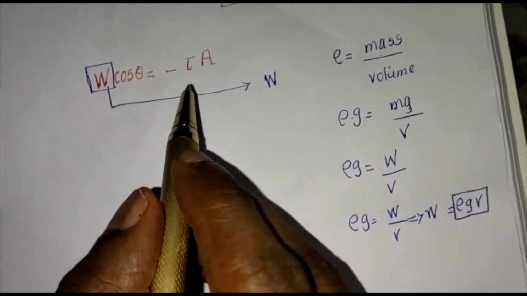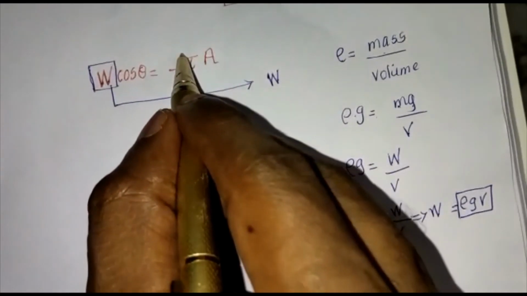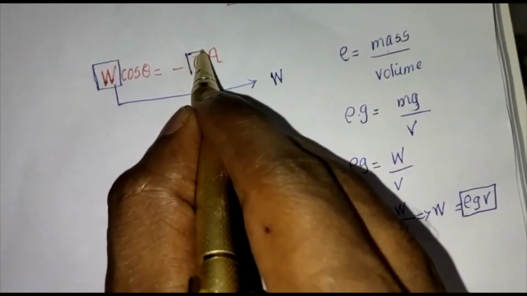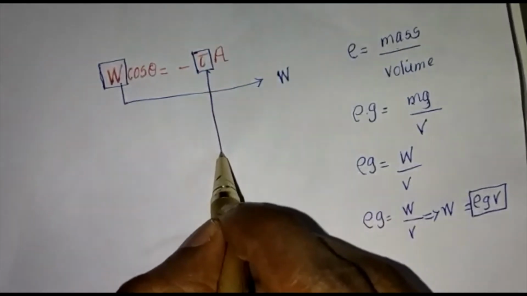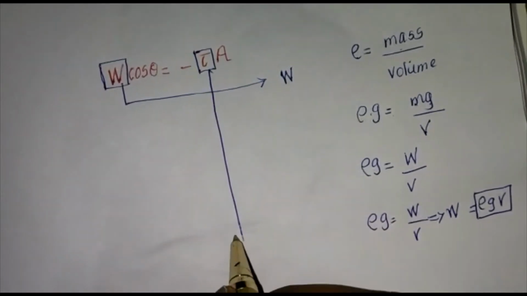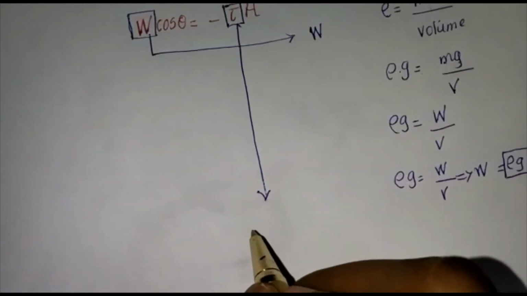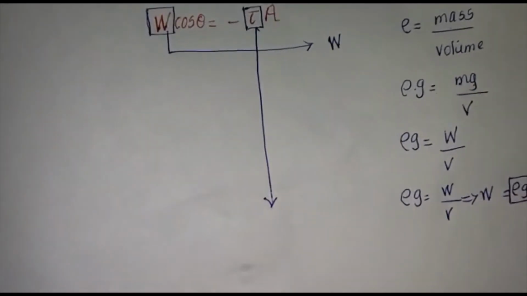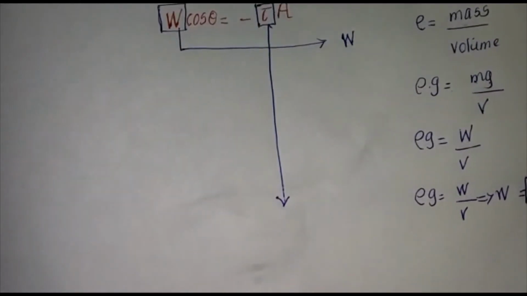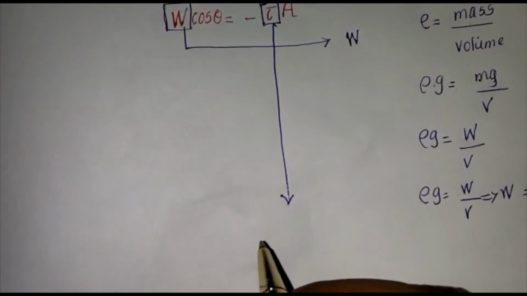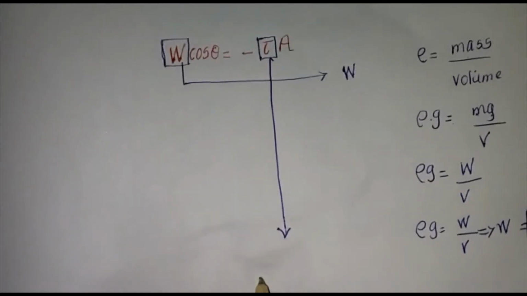But before I do that, I'm going to localize my attention on this particular tau. Now what am I going to do to this tau? Well, I'm going to get that information from this person, Newton. He has given us a law, that is Newton's law of viscosity. And what is Newton's law of viscosity saying?